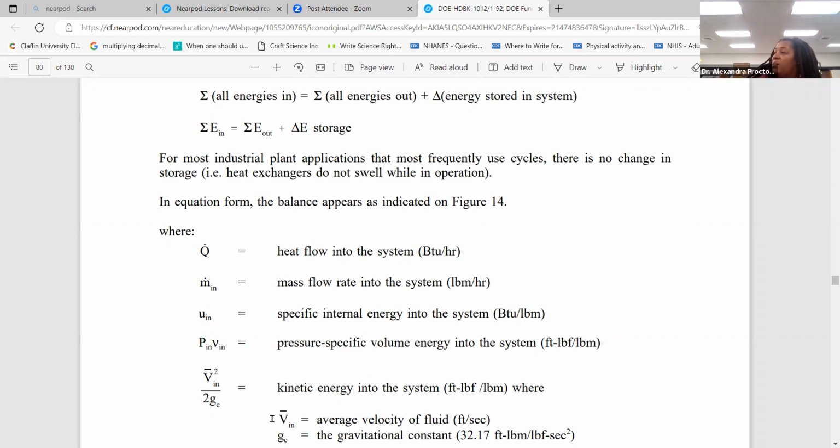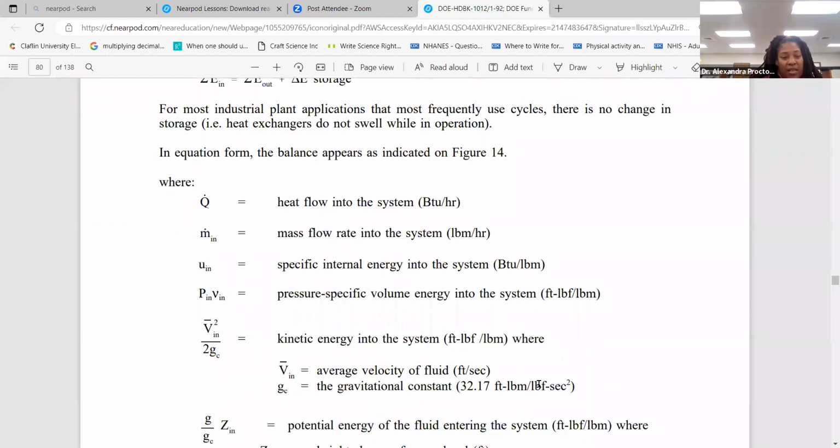So whenever we put a line over a variable, we're talking about an average. So that's the average velocity in feet per second, where gc, remember we talked about this earlier, is the gravitational constant, and that's 32.17 foot pound mass per pound force second squared.